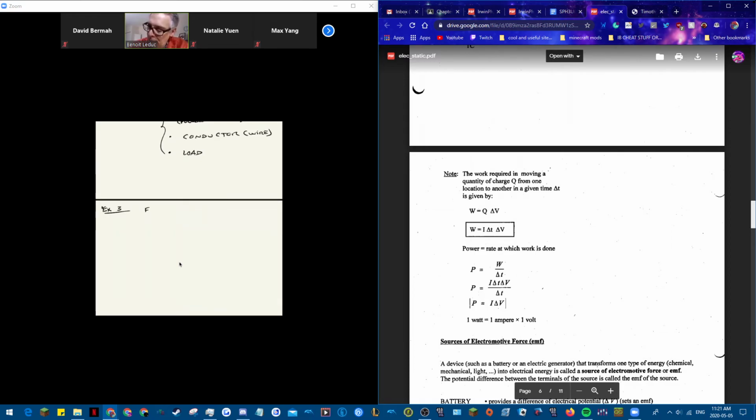Okay, so find the amount of electrical energy used up by a light bulb.